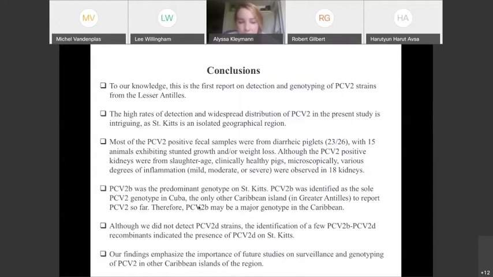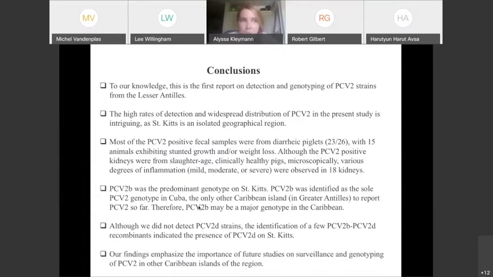PCV2B was the predominant genotype on St. Kitts, and it was identified as the sole PCV2 genotype in Cuba as well, the only other Caribbean island around us, which is in the Greater Antilles, to report PCV2 so far. Therefore, PCV2B may be a major genotype in the Caribbean.